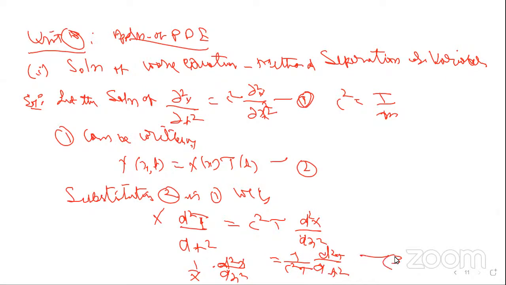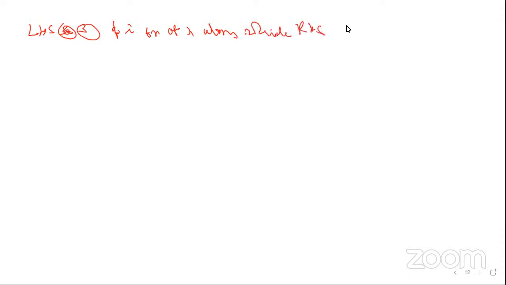So equation number 3: consider LHS of 3 is a function of x alone, while RHS, right hand side, is a function of t alone.